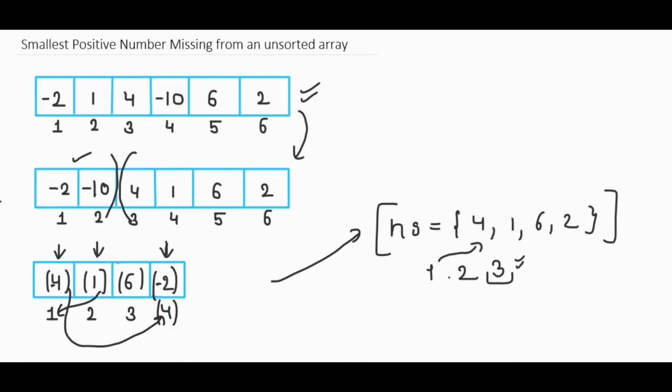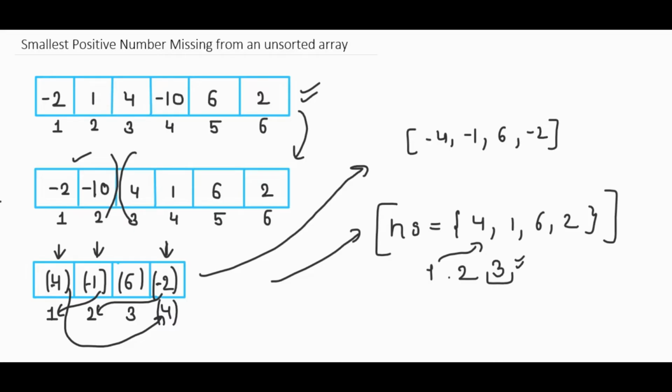Now we have 2. We will only consider the absolute values of the elements present at any index. So now we have 2. We'll go to the second index and we'll make it negative. So now the array we are left with is minus 4, minus 1, 6 and minus 2.